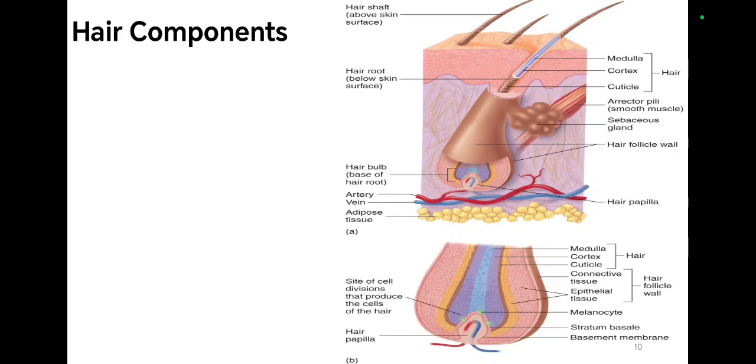So here is just a quick review of the hair components. We have your hair shaft, hair root, hair bulb, the medulla, the cortex, and the cuticle, the erector pili, or the smooth muscles that control our skin, the sebaceous gland, and your hair follicle wall.